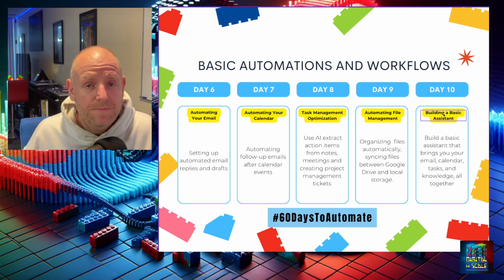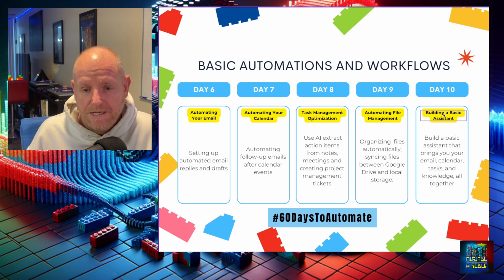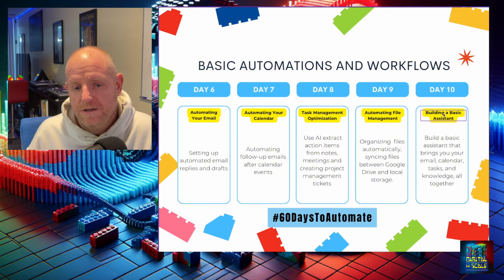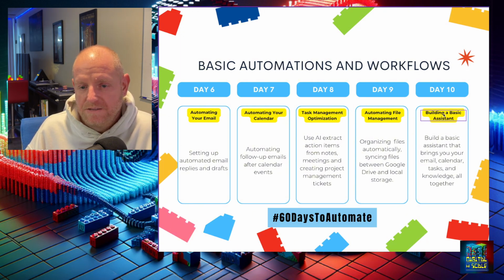Then we're going to talk a little bit about file management, because a lot of what we're doing around automating your email, your calendar, and your task management is going to require more context about yourself. I mentioned today that having the transcripts would be very helpful, and having more information about your services. I just hard-coded those.